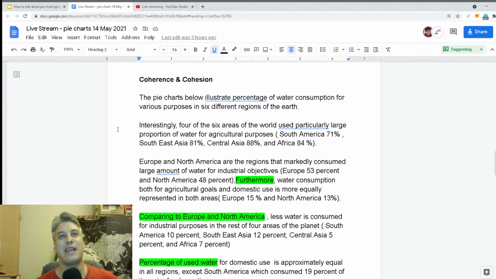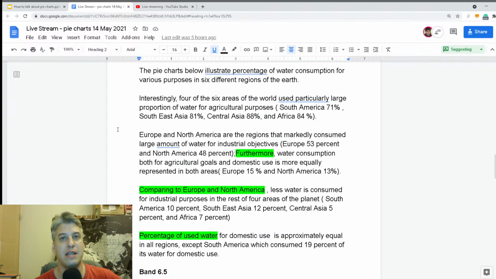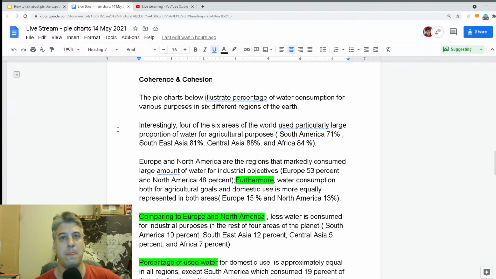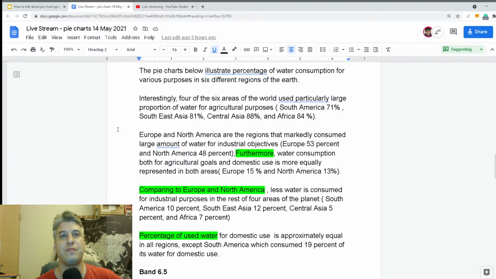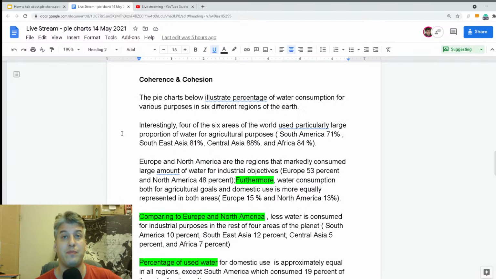Okay, so we're going to look at coherence and cohesion, which is the second thing that you are graded on. Again, you can read this in your own time. There's a link to that document in the description. I'm only looking at the ideas of coherence and cohesion.